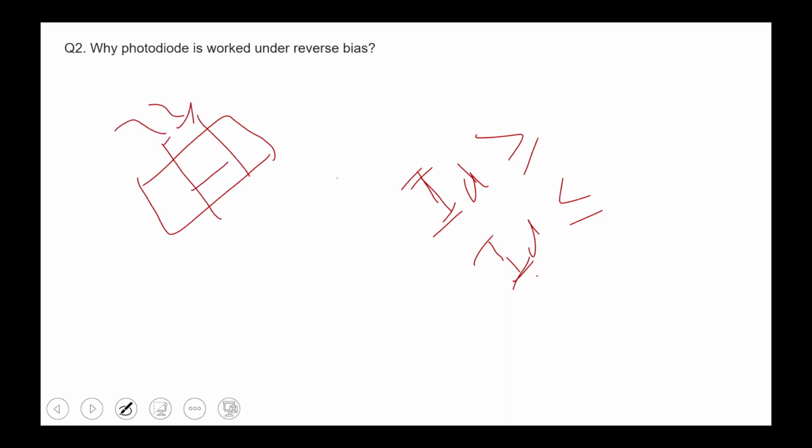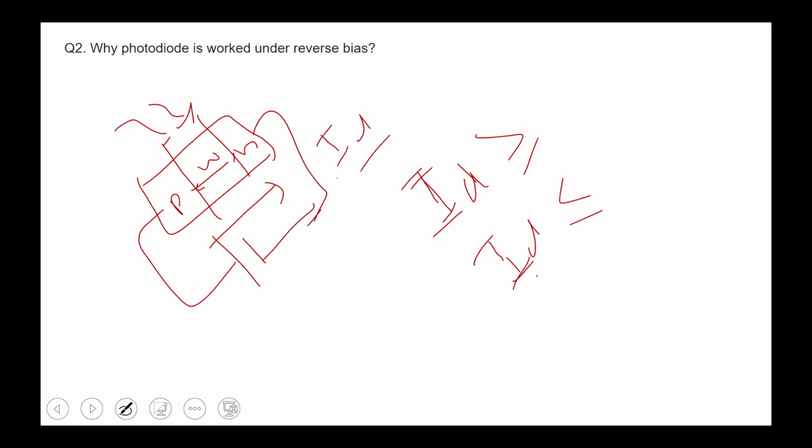This is the width W, this is P and N, and we have applied reverse bias across the junction without exposing light. In this condition, the current through the diode in reverse bias will be less or great? Will it be in nanoampere, microampere, or milliampere? It is in the range of microampere.